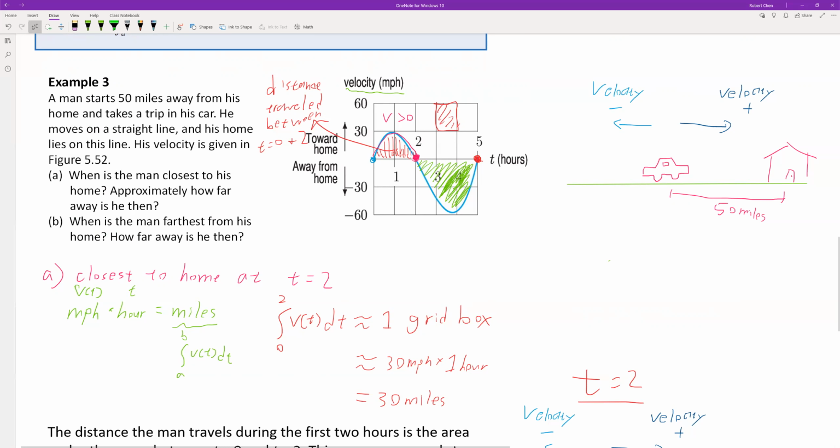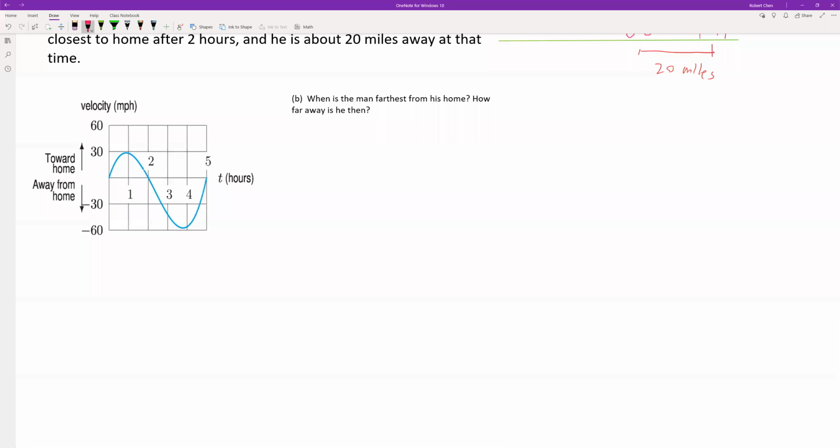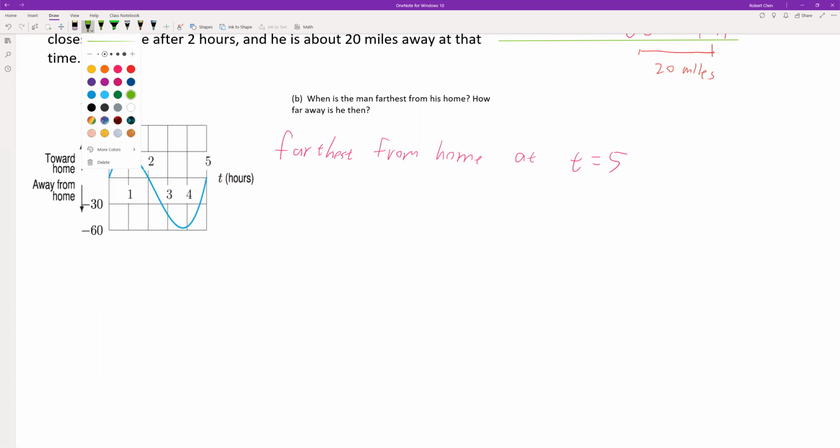Okay, so let's answer part B. When is the man furthest from home? Furthest from home at t equal to 5, after 5 hours of traveling. And how far away is he? All right, so we want to find the area under the curve.